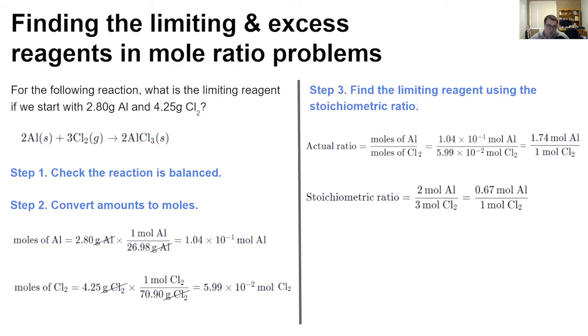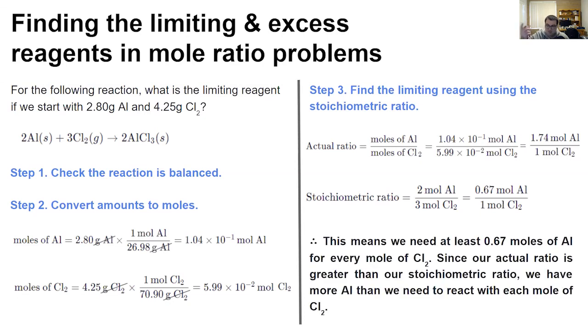Step 3. Now what we have to do is find the limiting reagent using the stoichiometric ratio. So if we take a look at our reaction, we can see that we need 2 moles of aluminium to react with 3 moles of chlorine. So that means for every 0.67 moles of aluminium, we have 1 mole of chlorine. Now, if we take a look at our actual ratio of moles, by putting our moles of aluminium above our moles of chlorine, we can see that we have 1.74 moles of aluminium on top of 1 mole of chlorine.